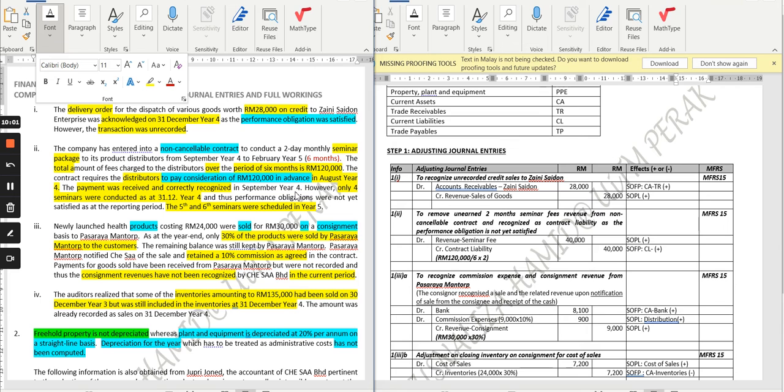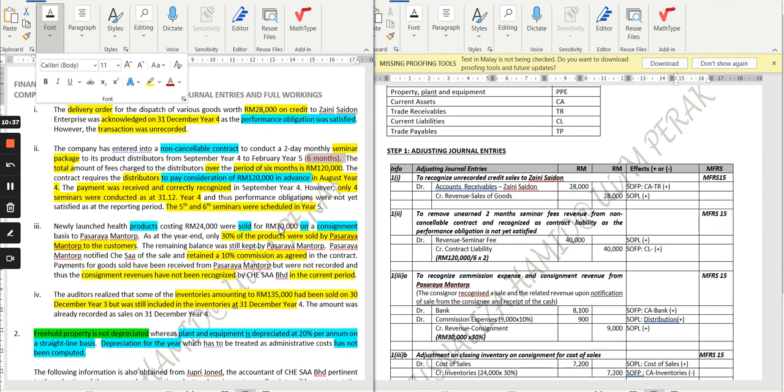So it was received, and this is a contract liability because you take the money in advance, but somehow you have not yet finished your seminar. If you look, of the seminars being conducted in the current year, only 4 seminars were conducted as at 31st of December, given the remaining 5th and 6th seminar were not yet conducted, meaning that as at the reporting period 31st of December year 4, 2 seminars were still in progress, right?